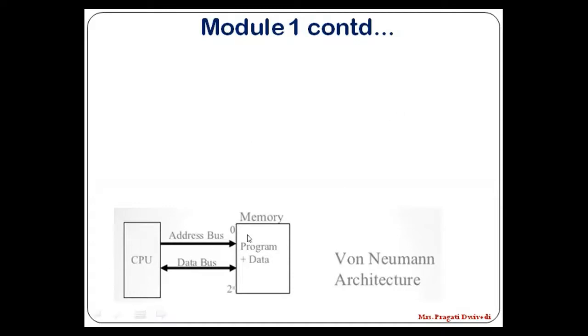So to access the program as well as the data memory, you have only one set of address and data bus. When you have such an arrangement, we call it von Neumann architecture.